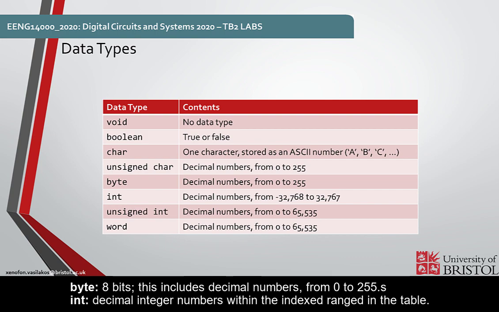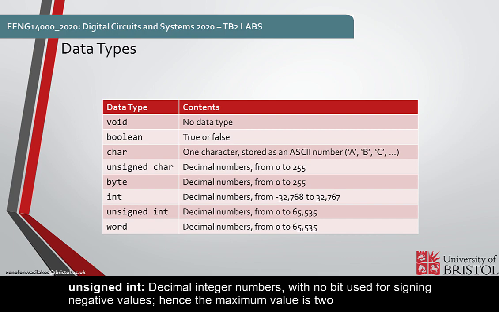Byte. 8 bits. This includes decimal numbers from 0 to 255. Int. Decimal integer numbers within the indexed range in the table. Unsigned int. Decimal integer numbers with no bit used for signing negative values.